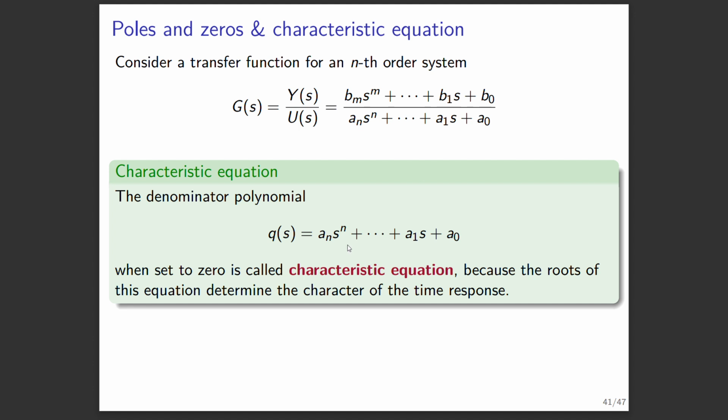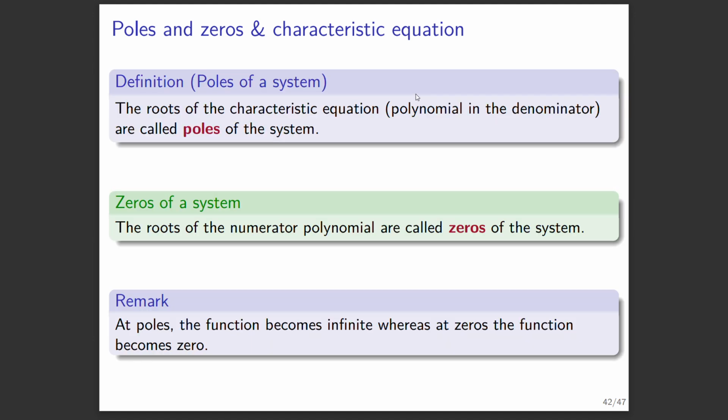If I solve that, the values that I find are going to be poles of the system. If instead I solve the polynomial in the numerator, the roots of that polynomial are the zeros of the system. So poles are the roots of the characteristic equation, and zeros are the roots of the numerator polynomial.